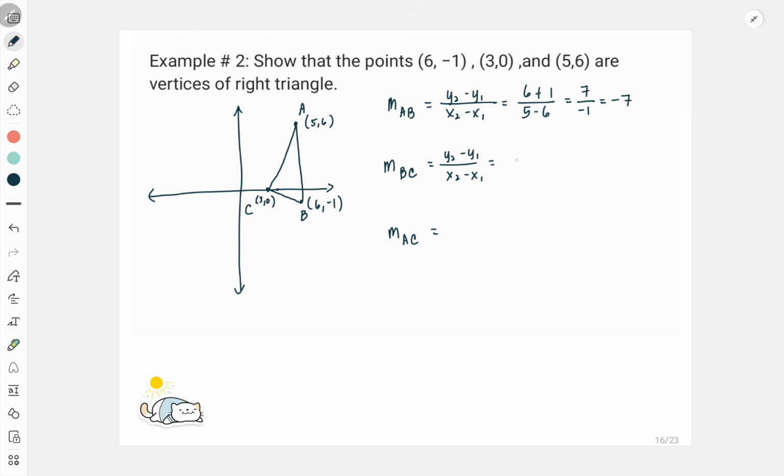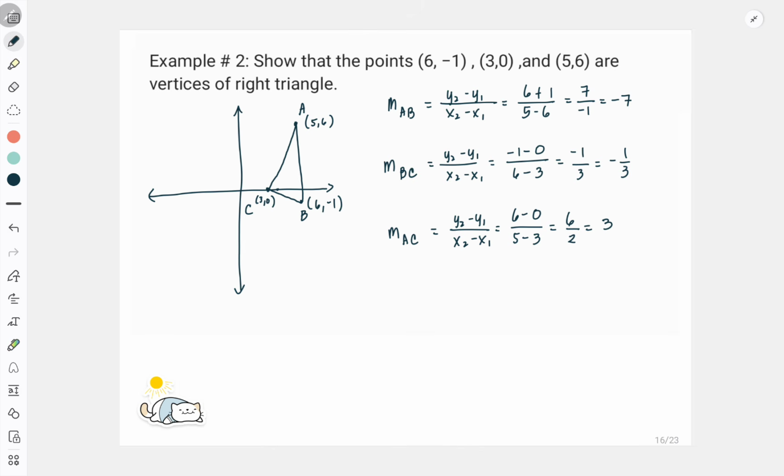So that would be negative 1 minus 0 over 6 minus 3, or that is equal to negative 1 over 3, or negative 1/3. And then for AC, we use the same formula for the slope. So that's 6 minus 0 over 5 minus 3. So that's equal to 6 over 2, which is equal to 3.